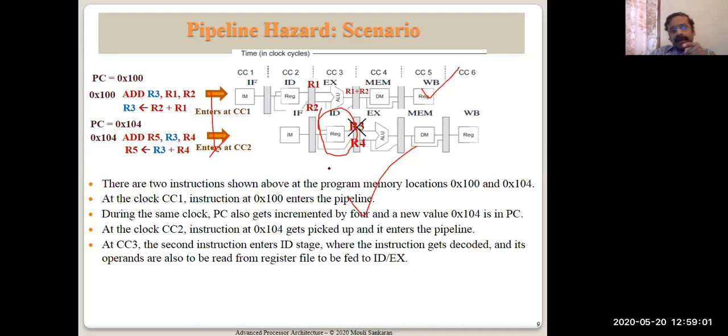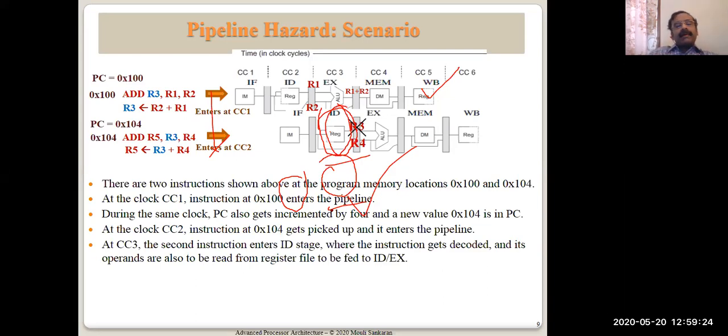Now, what is the impact of this? If I don't move this instruction further down the pipeline, I can read one more instruction in the next cycle, but not beyond that. Anything beyond cannot happen. So if an instruction gets stuck in a pipeline, even the instruction coming behind will also be stuck.